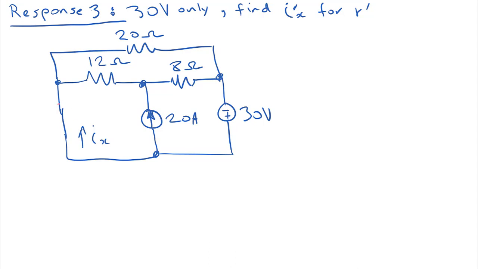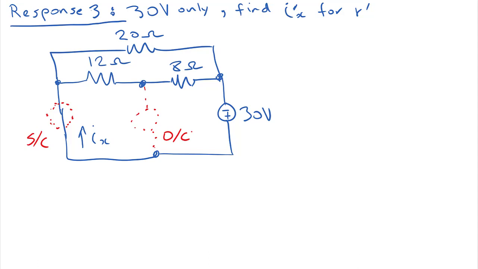And let's put the indication that the voltage source was there, and that is a short circuit. And then when we zero the current source, we take it out because it is an open circuit. So let us indicate that by a dashed line. This is an open circuit. Okay, so that's the circuit as we see it.